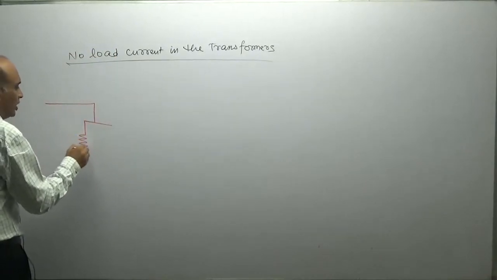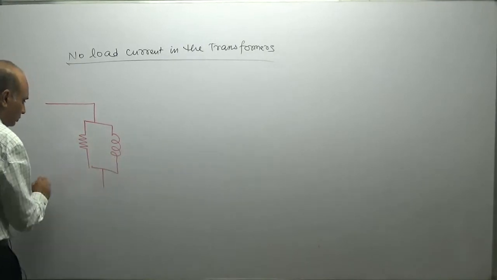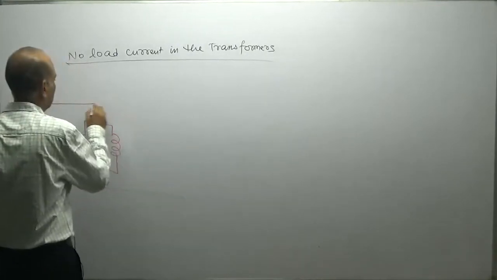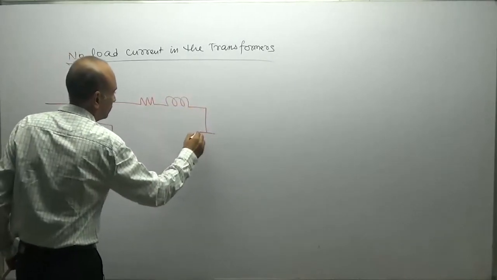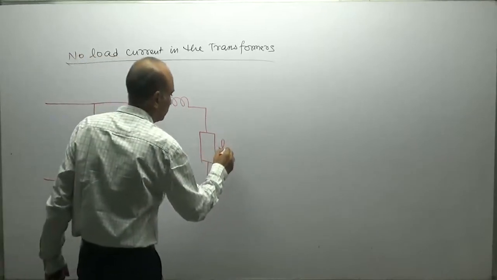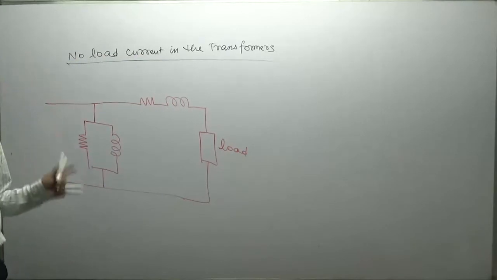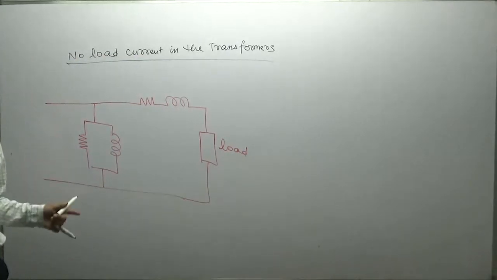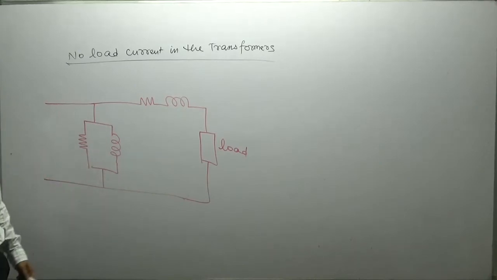I am telling you the approximate equivalent circuit of a transformer. It is called the approximate equivalent circuit of a transformer. Why is it approximate? We will discuss it later on.